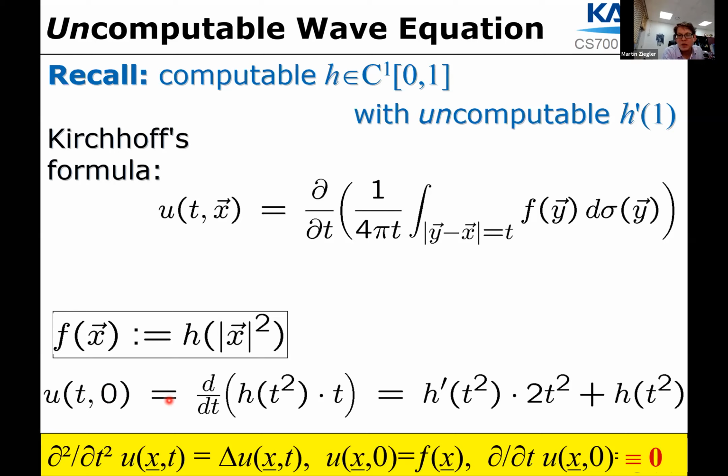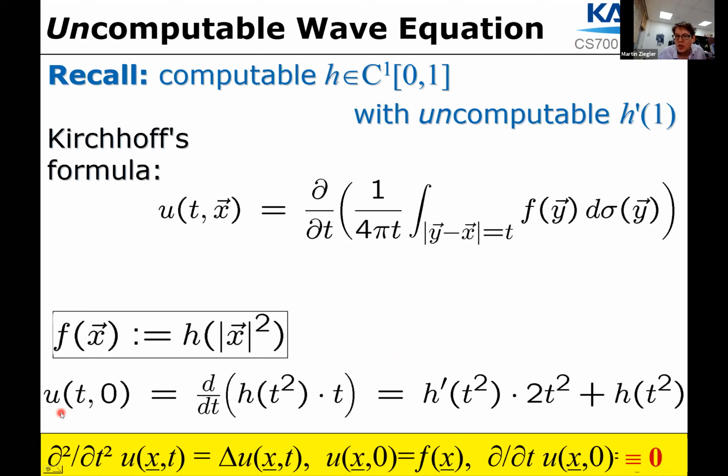Should be able to simulate up to any desired precision on a digital computer. But apparently the wave equation violates this Church-Turing hypothesis. The wave equation with a computable, artificial but computable initial condition results in an uncomputable solution even at the origin at time t.